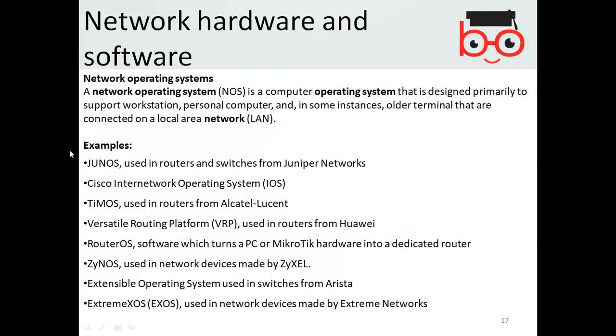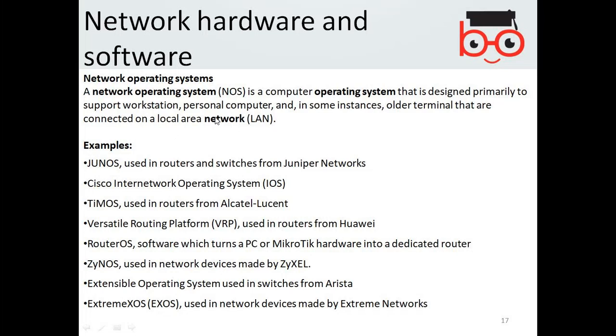If you have a network application, then obviously you need a network operating system as well. If you don't have a particular network operating system on your devices, then obviously you cannot run your network application. A network operating system is a computer operating system that is designed primarily to support workstations, personal computers, and in some instances older terminals that are connected on a local area network.